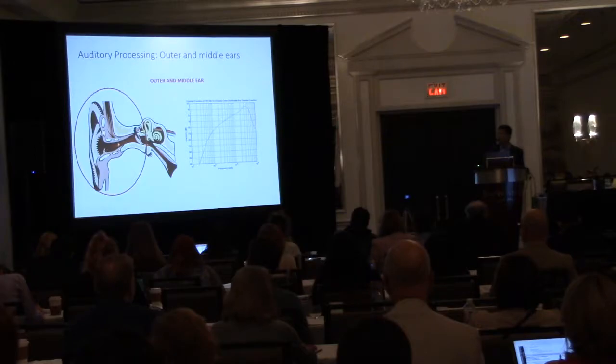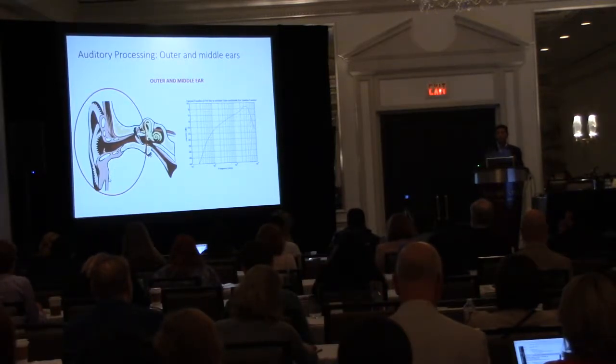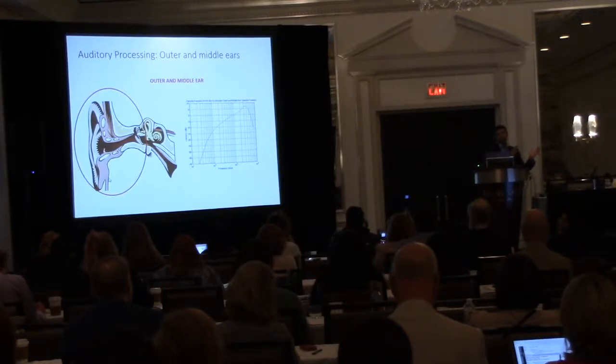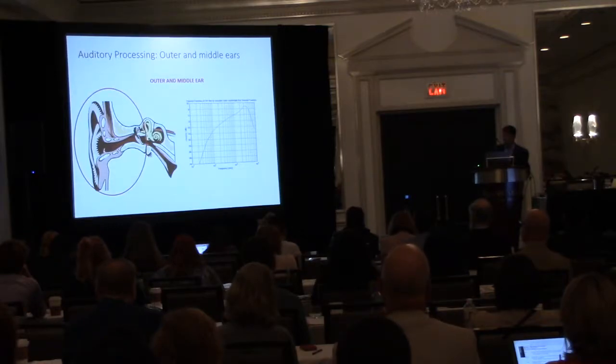The outer ear is basically a tube, and the ossicles, the middle ear, is a mechanical system. They're passive, they're not doing anything radically different, but what they're doing is transferring the acoustic energy into the inner ear, and they have a resonance. Just like the vocal tract has a resonance, the outer and the middle ear also has a resonance.